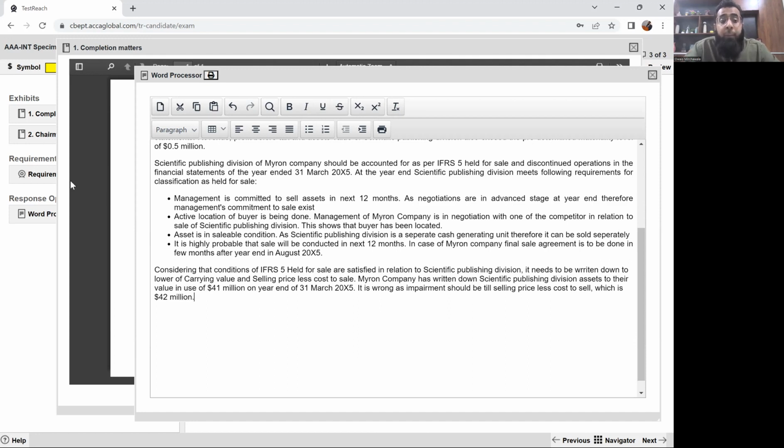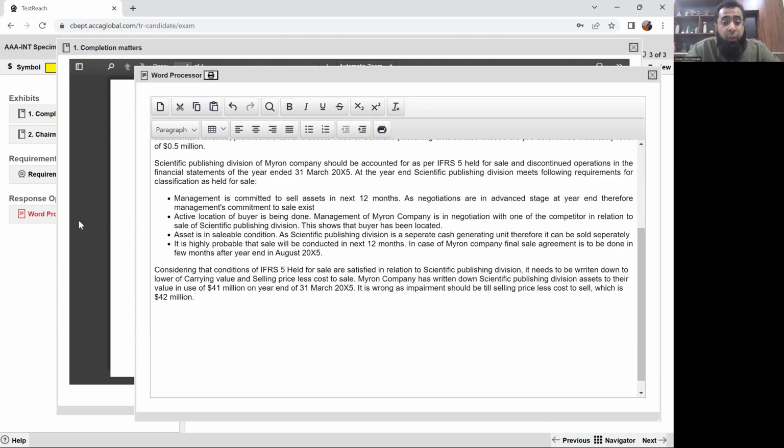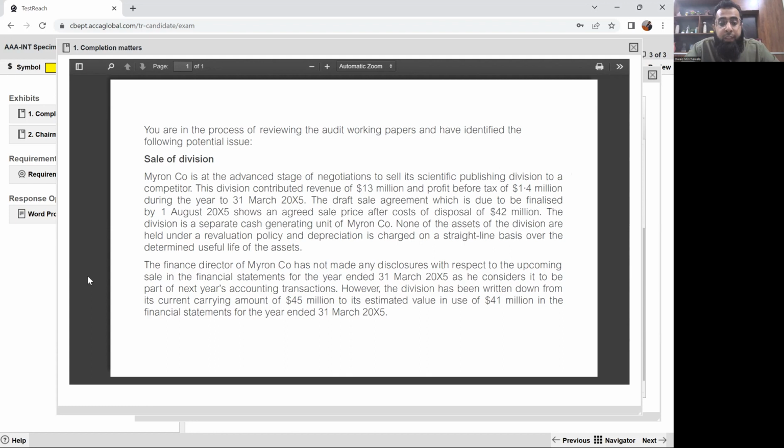See, selling price less cost to sell was $42 million. Sale price after cost of disposal will be $42 million. Carrying value before impairment was $45 million. See, it is written here that the carrying amount was originally $45 million and they've written it down to $41 million, which is wrong. They should have written it down to just $42 million.